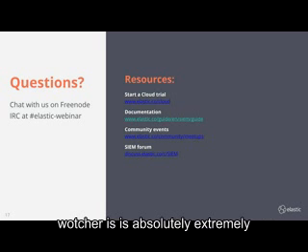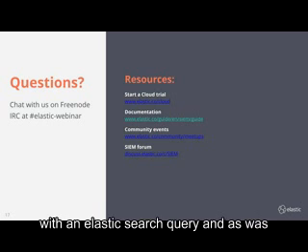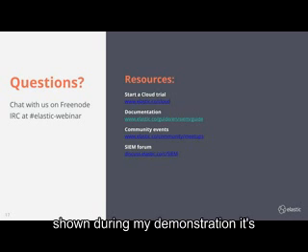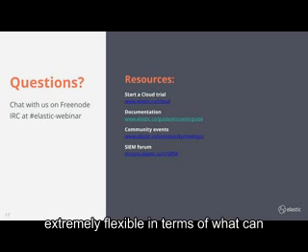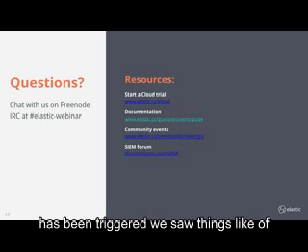Watcher is absolutely extremely flexible to set up detections based on pretty much anything you could search with an Elasticsearch query. And as was shown during my demonstration, it's extremely flexible in terms of what can be done with the actions once that watch has been triggered.